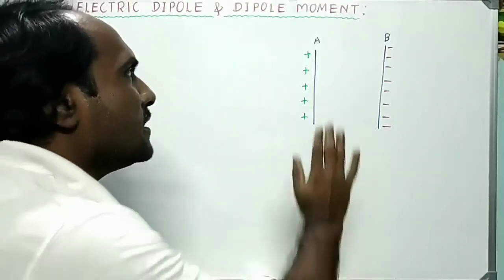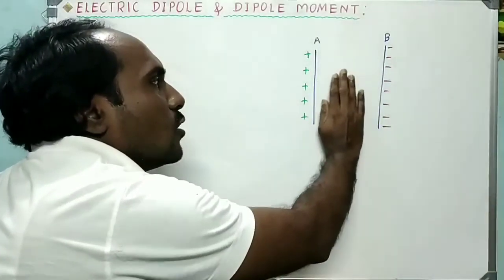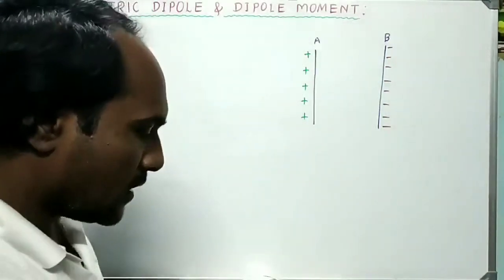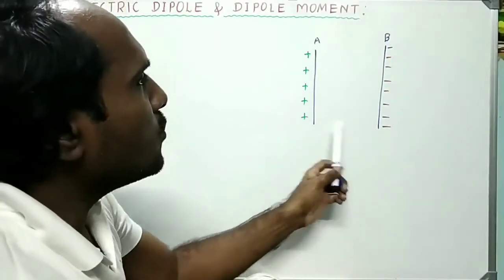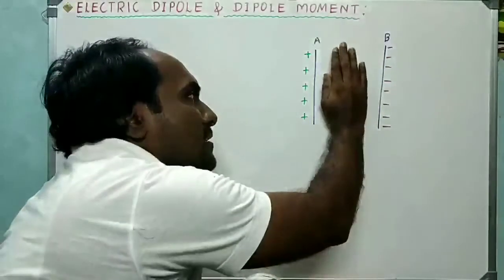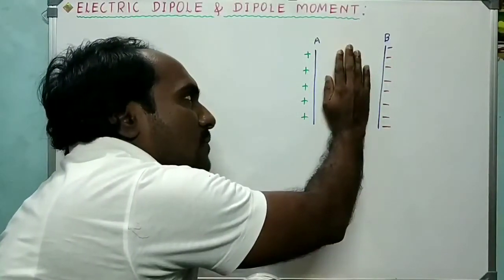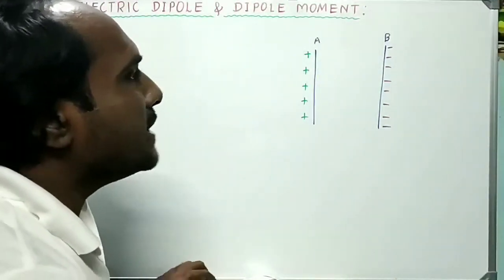Now what happens? In between conductor A and conductor B, there is a strong electric field. In this region I am going to place some medium.